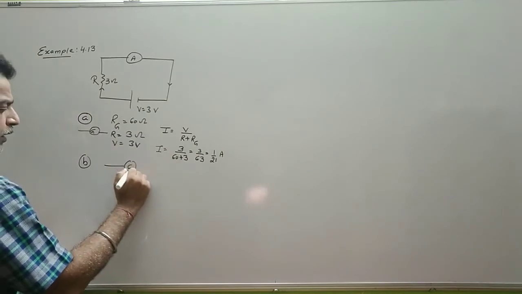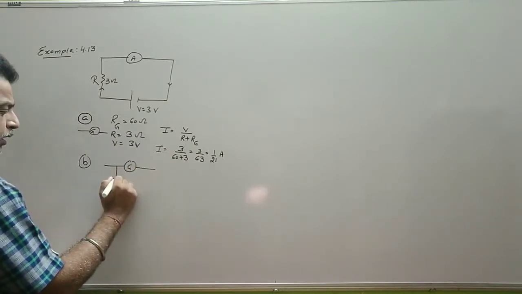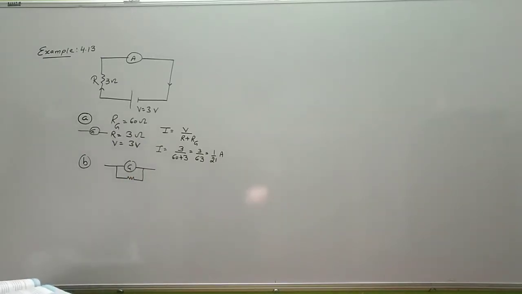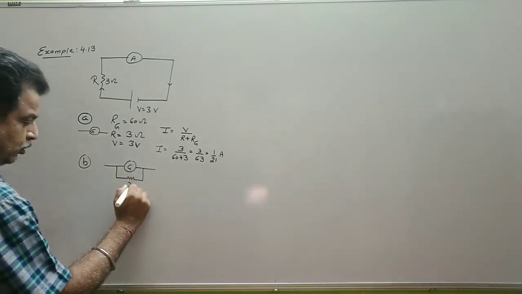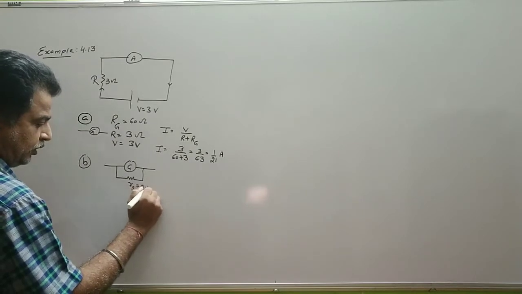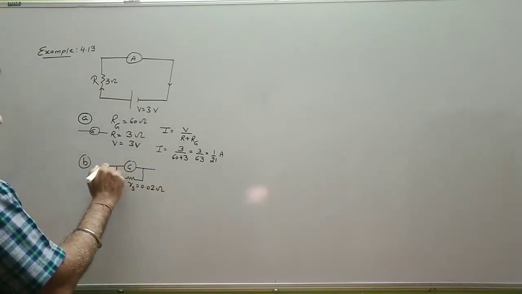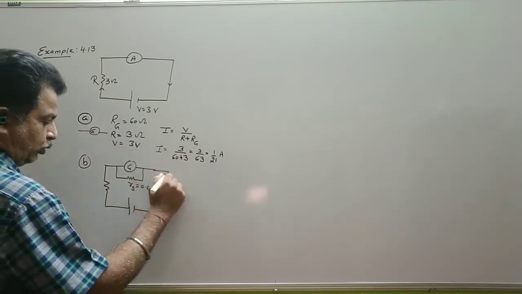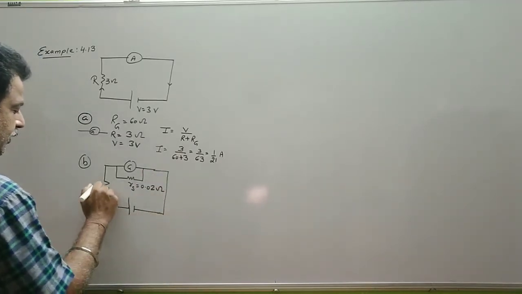So we know that we should connect a shunt parallel to the galvanometer. The resistance of the shunt is 0.02 ohms given. So the circuit takes this form. Again we have to find out the current in the circuit.